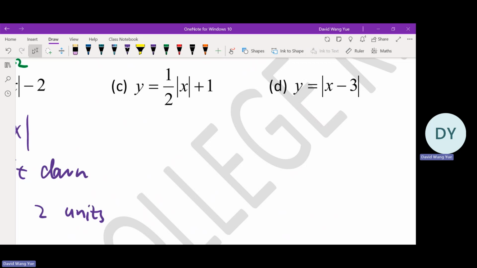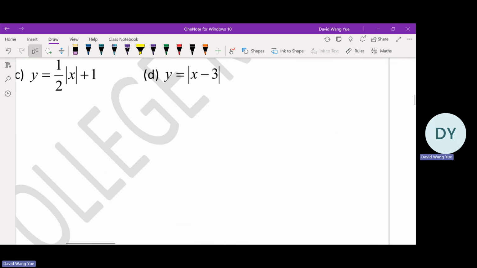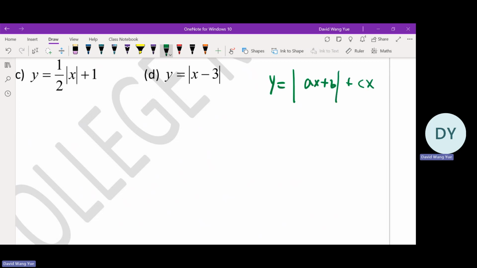Okay, for part C and D, I will use a different method. I will not use transformation, but I will use a method that starts from finding the turning point. Where is the turning point? If I have y equals modulus of ax plus b, plus another linear function, for example, remember this, the turning point is where ax plus b equals 0.